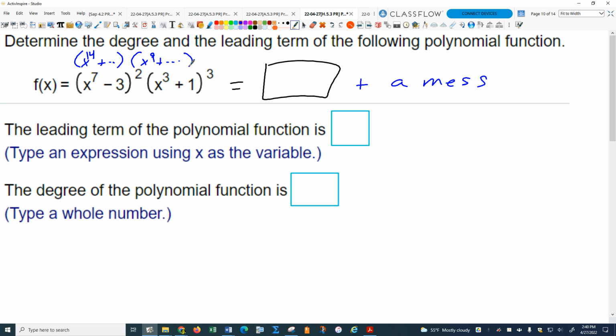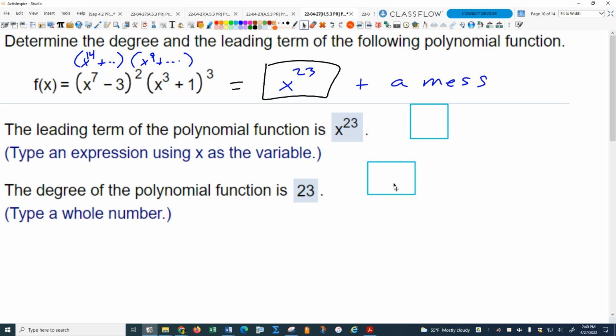So now when I multiply those together, I'm getting x to the 14 plus 9. X to the 23rd plus a big mess, right? So the leading term is just x to the 23rd, and the degree is 23. Okay?